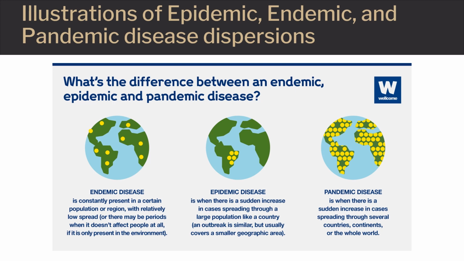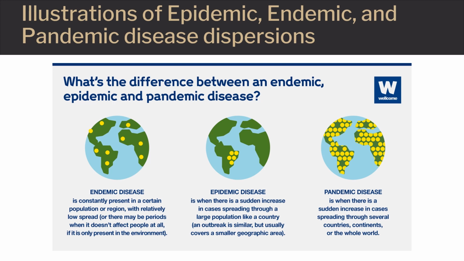This illustration shows how the terms endemic, epidemic, and pandemic can be visualized to help you better understand them. As you can see on the far left graphic, an endemic disease state is where cases for disease can be seen in relatively stable amounts across various regions of land, most oftentimes in relatively lower amounts.